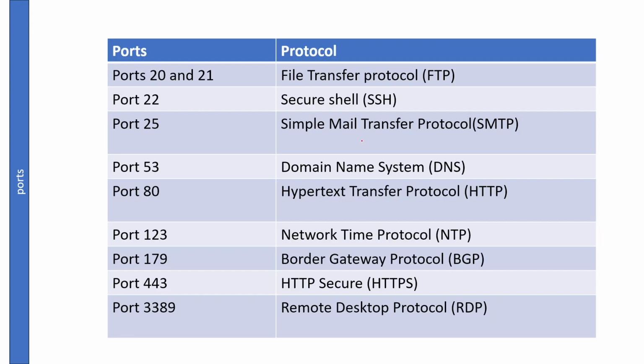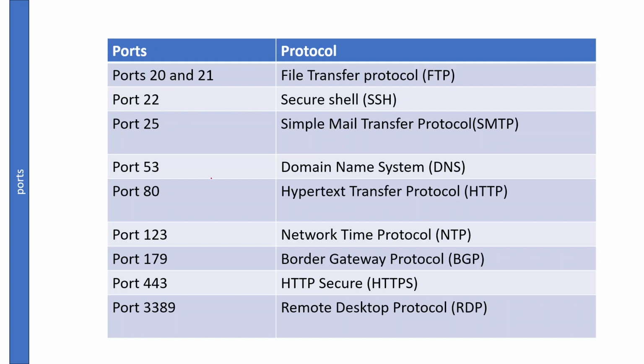So we'll discuss some port numbers. Basically, port numbers 20 and 21 we are using for the file transfer protocol, FTP. Port number 22 is SSH, that means secure. We are going to create a secure tunnel between devices, right? Then you can use this tunnel for remote access or to send your information in an encrypted way. Then we have port number 25 for email.